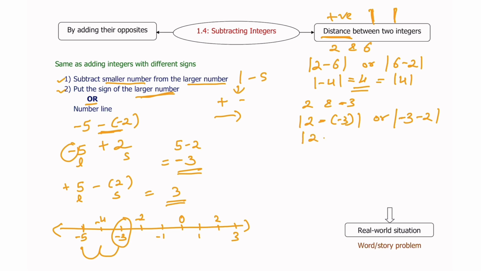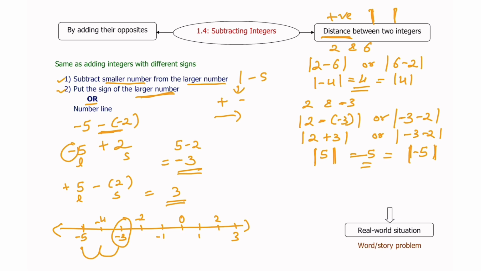This becomes 2 plus 3, minus minus, or here it becomes minus 3 minus 2. We are writing it as it is now. This is 5 and that's also minus 5, but both are in the absolute value format. So the answer is going to be 5. So this is how you find distance between integers.